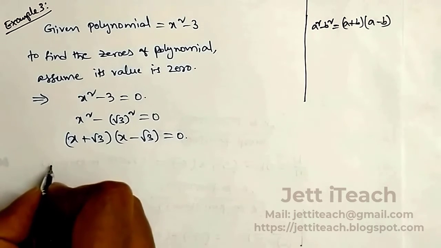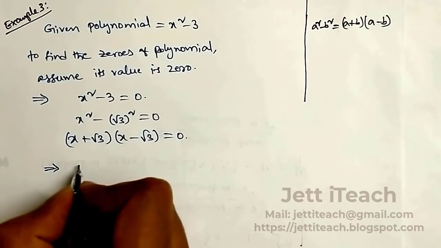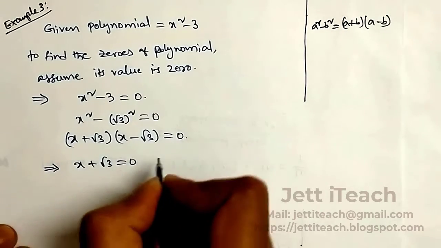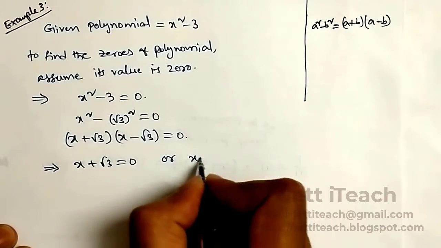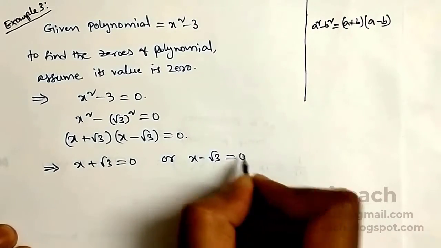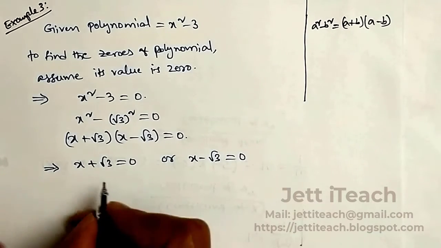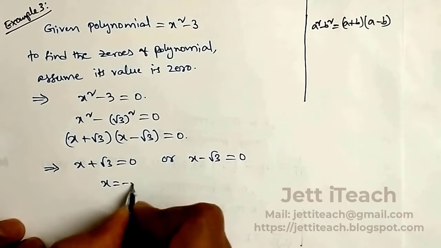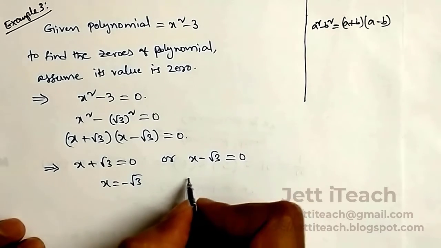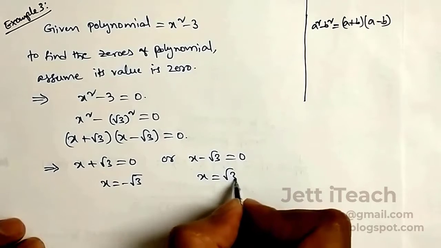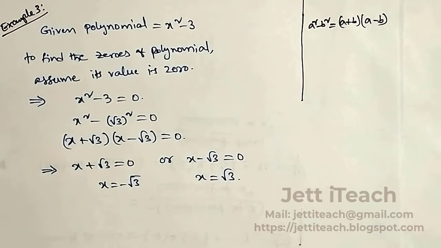Okay, which means that x plus root 3 is 0 or x minus root 3 is 0. If you look at this one, the value of x is minus root 3. Here x equal to plus root 3.